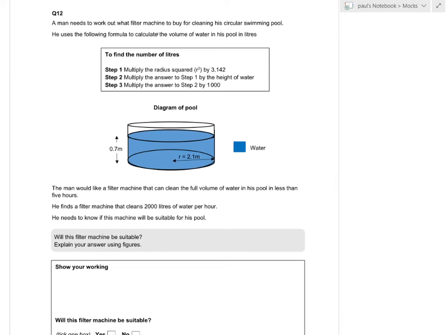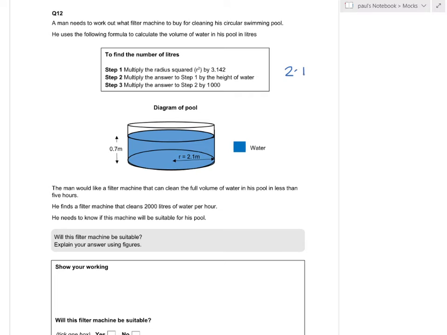A man needs to work out the volume of water the filter machine is providing, using the following formula. Let's do this one bit at a time because there's too much information. Multiply the radius squared by 3.142.